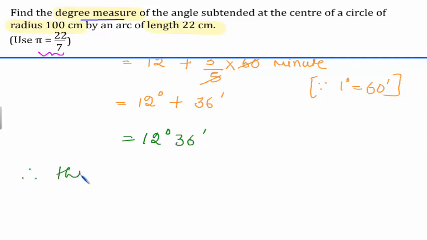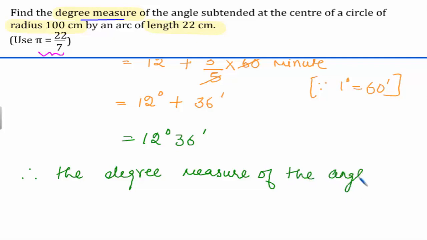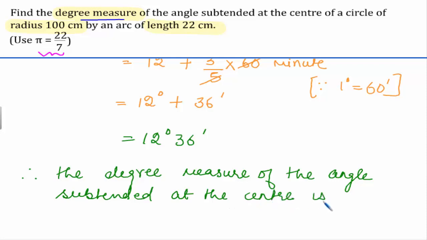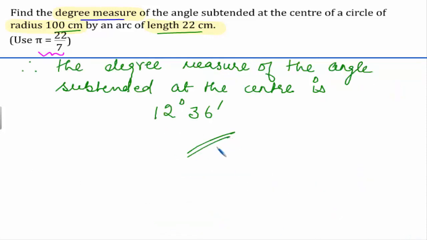Therefore, the degree measure of the angle subtended at the center of the circle of radius 100 centimeter by an arc of length 22 centimeter is 12 degrees and 36 minutes. This completes the solution.